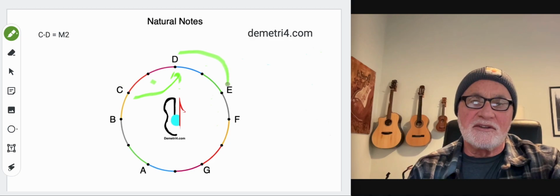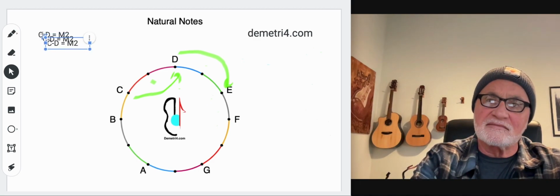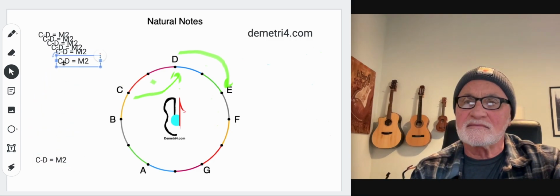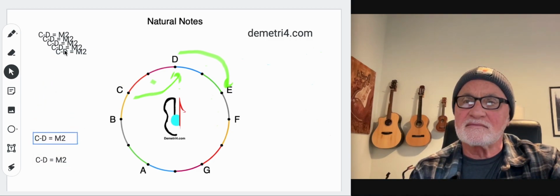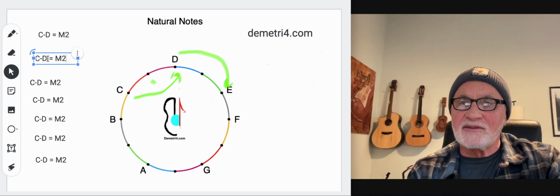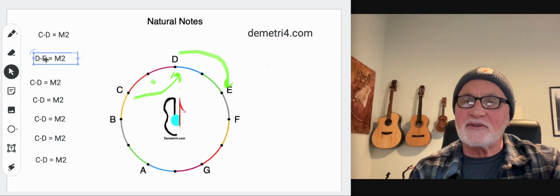D to E is also a second, okay? So D to E is 2 dots, and 2 dots is a whole step, and a whole step is a major second. All those mean the same thing, okay?